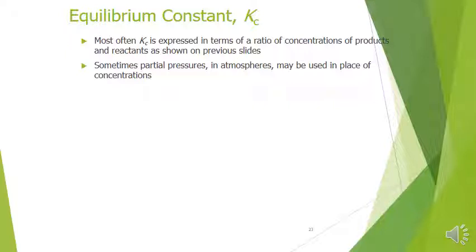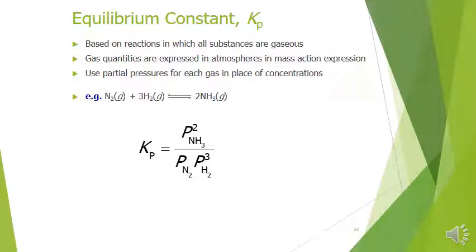Equilibrium constant Kc, that's what we've been talking about. Right. But sometimes we want to measure not the concentration. We might want to measure partial pressure, especially if we're looking at a chemical reaction that just involves gases. And so you could write the equilibrium constant in terms of Kp, and then you could write it simply as the pressure.